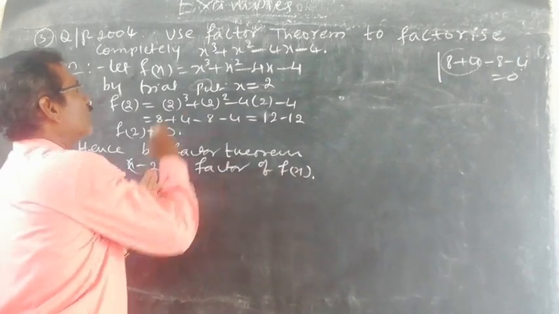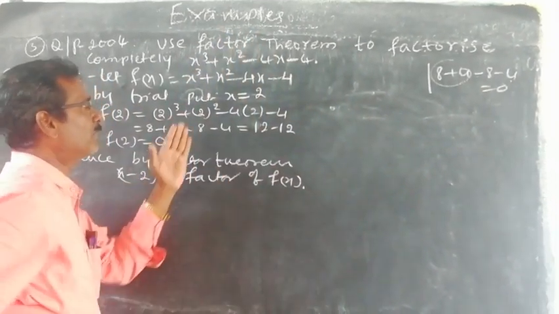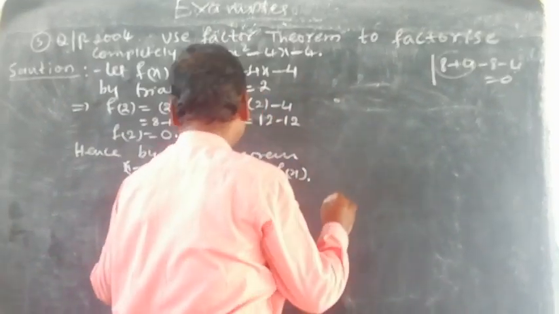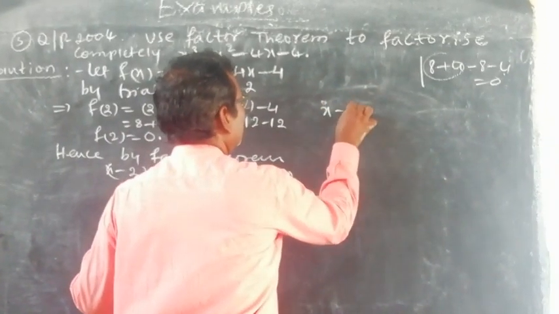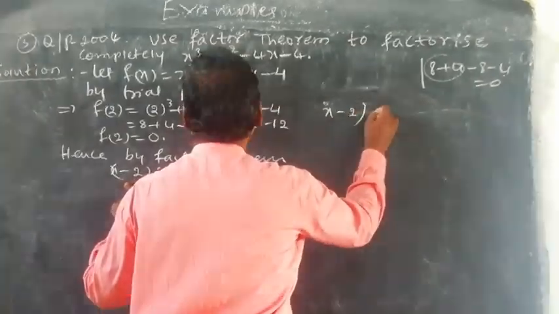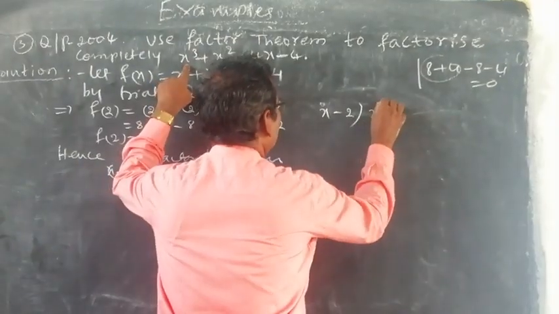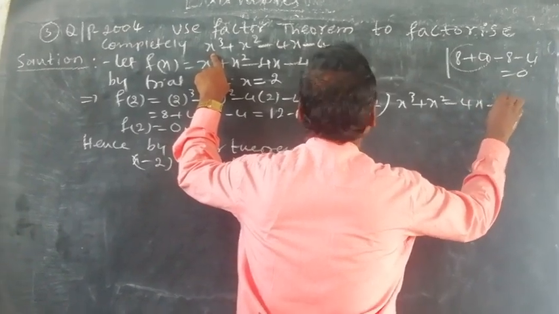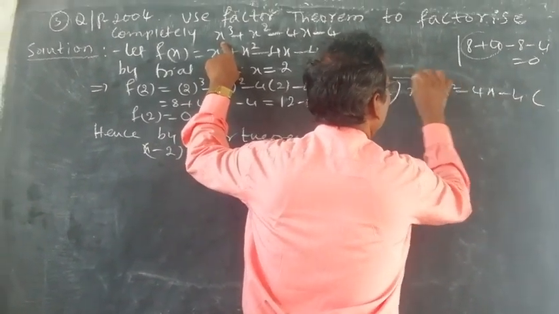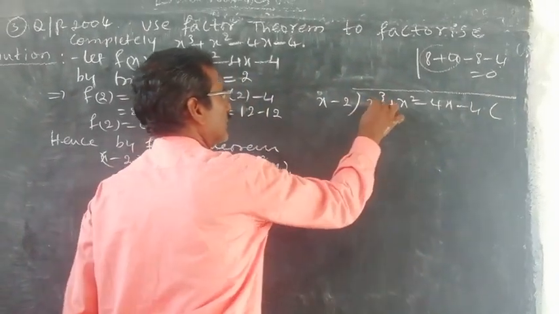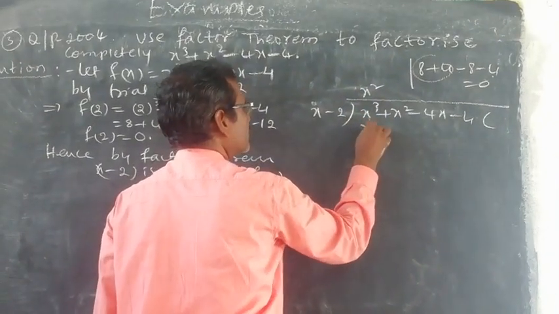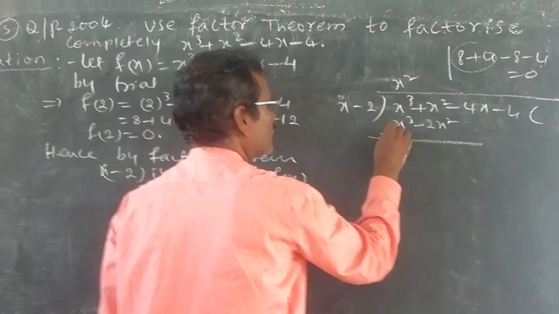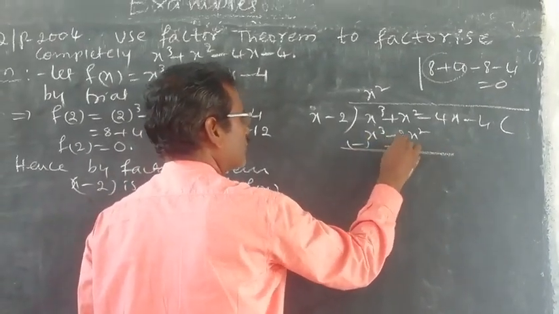From x minus 2, you divide the given polynomial to get the 2 more factors. Now I will do the division. That is, x minus 2 should divide x cube plus x square minus 4x minus 4. Now go on dividing this. x square, to cancel x cube: x into x square is x cube, minus 2 into x square is minus 2x square. Now subtract, plus becomes minus, minus becomes plus.